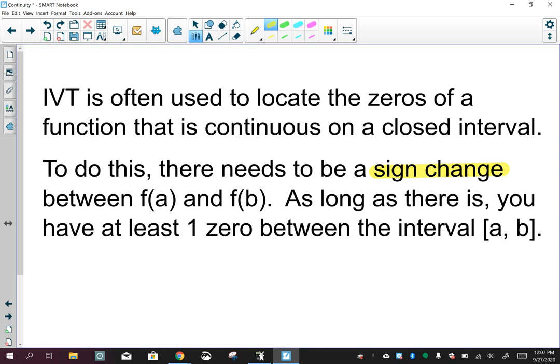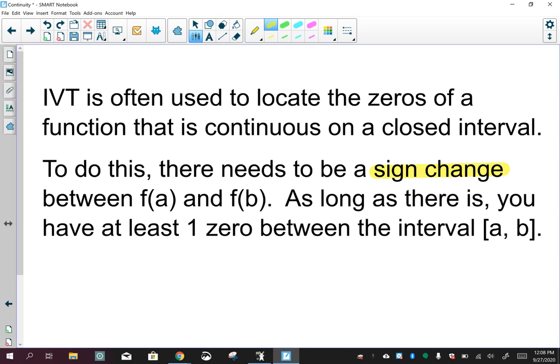There has to be a sign change. So if you have an interval from A to B, and if you evaluate A and then you evaluate the endpoint B, and one of them is positive and one of them is negative, you've had a sign change, which means you've crossed the x-axis, which means there is a 0 somewhere on this interval here.